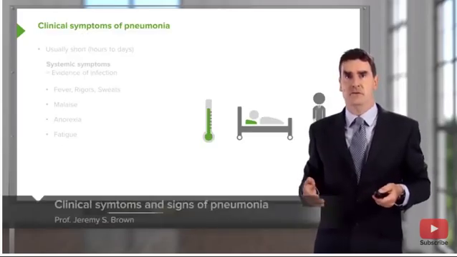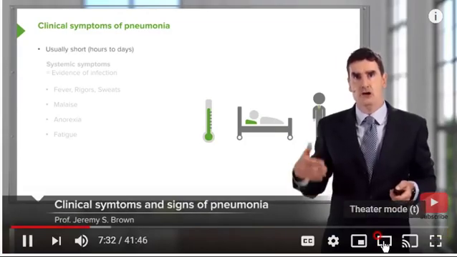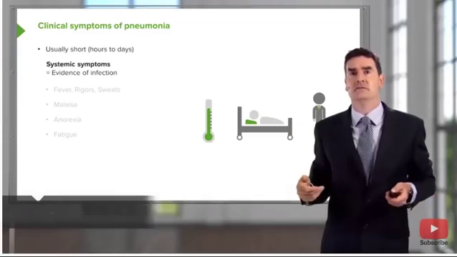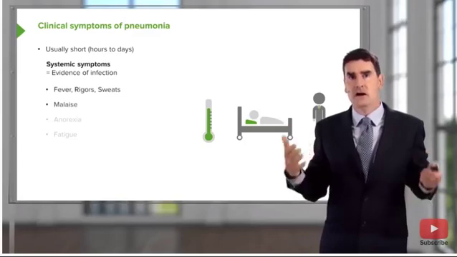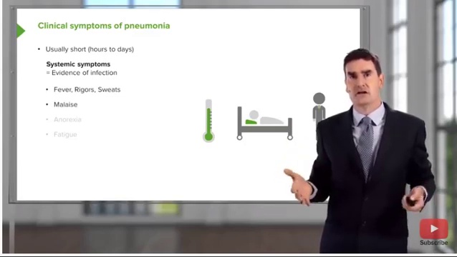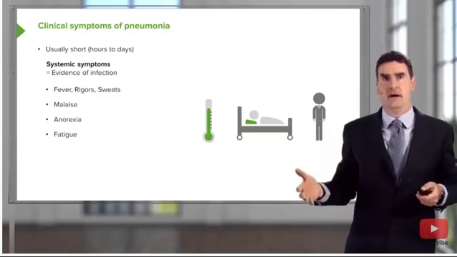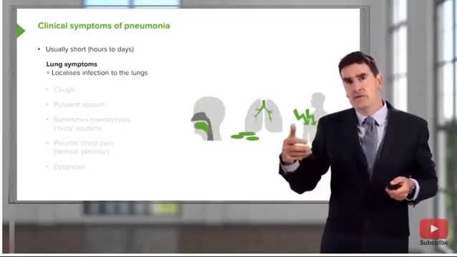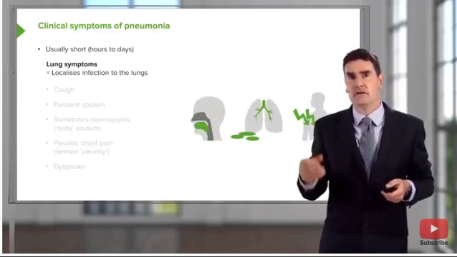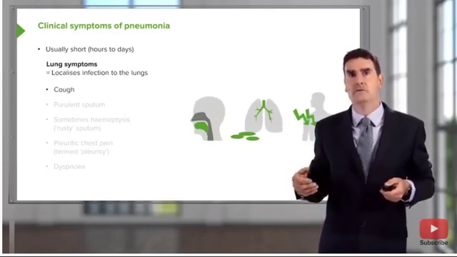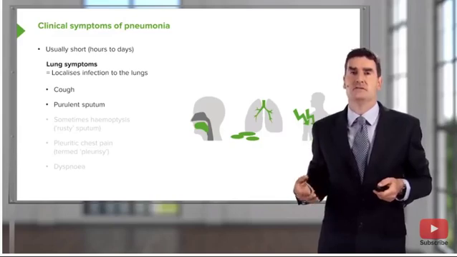What are the symptoms of pneumonia? Well, actually, they're very straightforward. You have the systemic symptoms that you get with infection: fever, feeling unwell, occasionally you get the shakes, the rigors, and you're not eating, and you feel terrible, and you want to go to bed. Then there are the focal symptoms you get because it's a lung infection, and that will be cough, producing a purulent sputum sometimes.